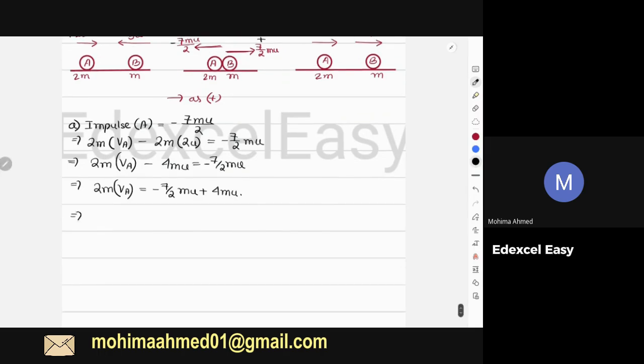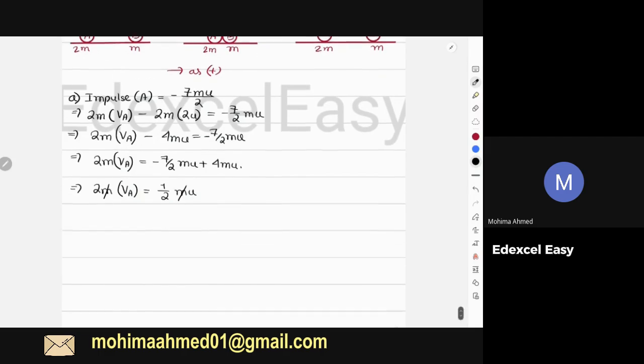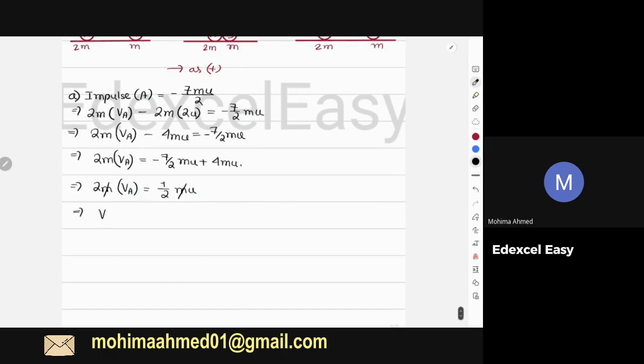So you have 2 m VA equals half mu. The mass gets cancelled out, and if you take that 2 to the right hand side, it gets divided with half. So you end up getting 1 by 4 or 0.25. The velocity is 1 by 4 u meters per second.